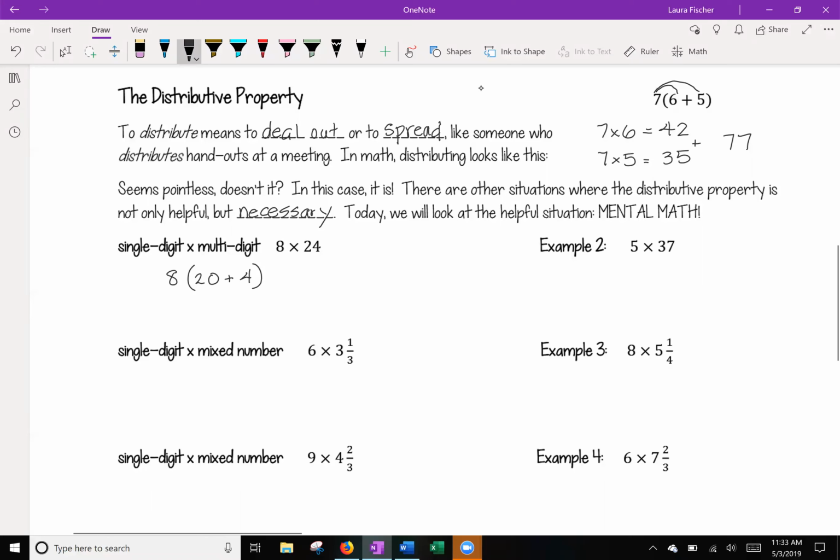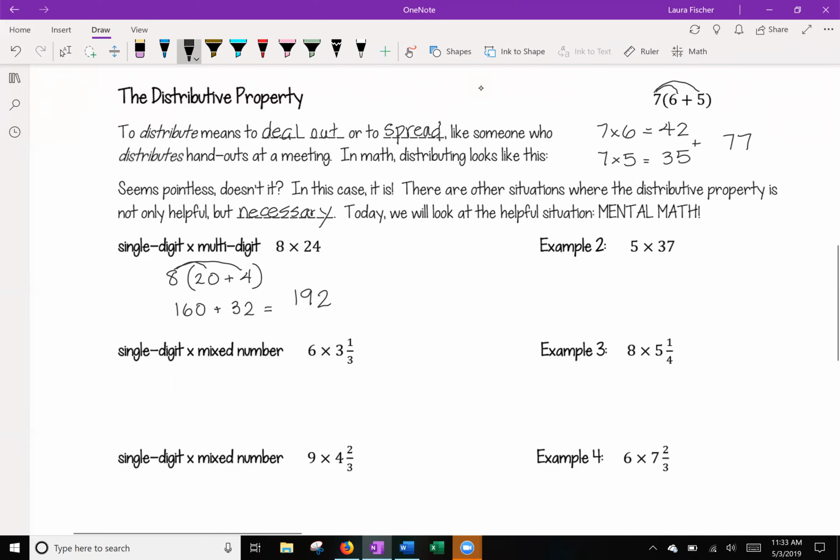We take the double digit here, the 24, and we break it up into 20 plus 4. And again, we're doing this mentally. 8 times 20, 160. 8 times 4, 32. Put them together, 192.